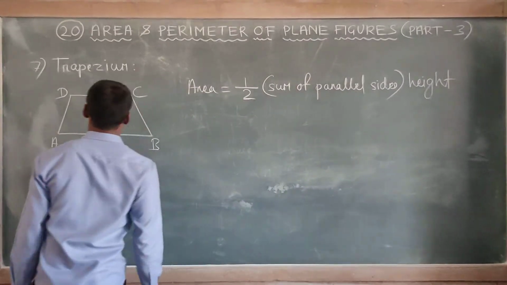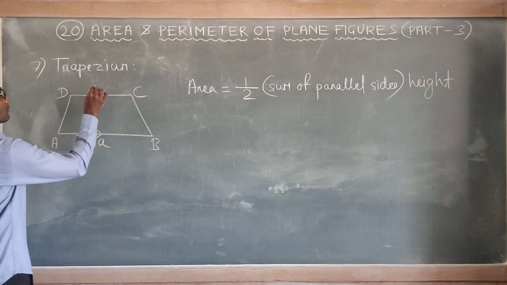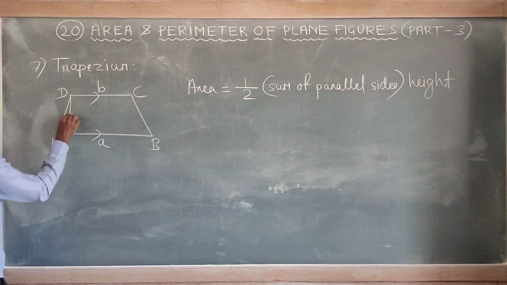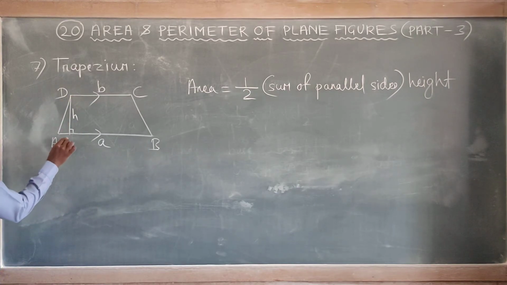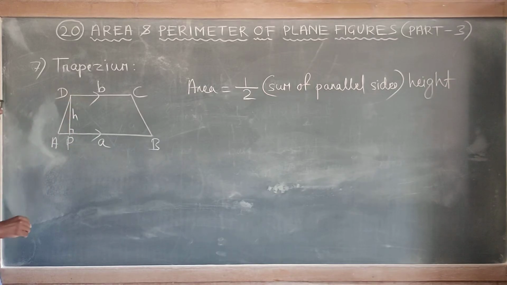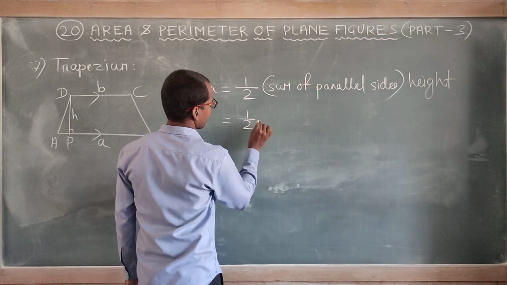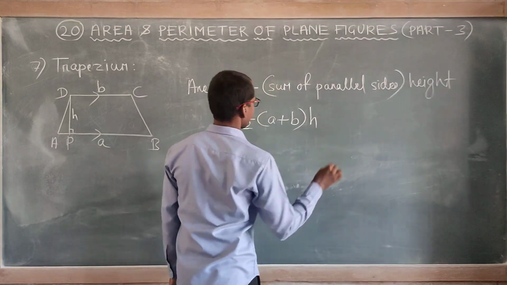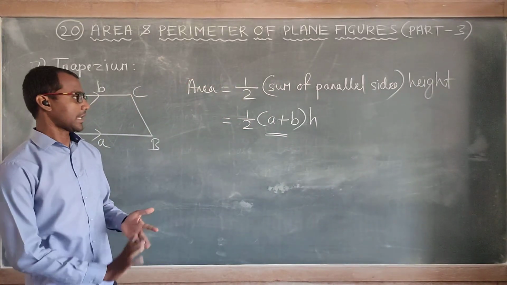Suppose this is A, length of AB is A, length of DC is B, distance between them is H, means DP is H. So here the area will be half into A plus B into H.